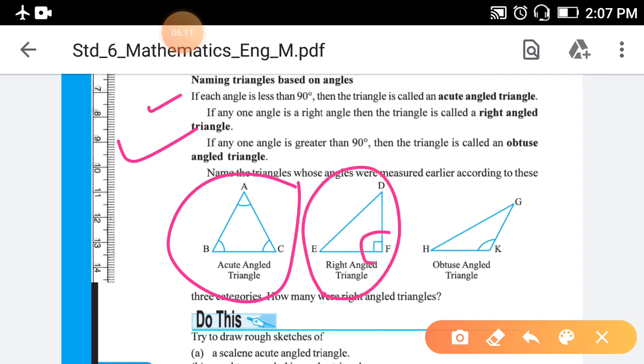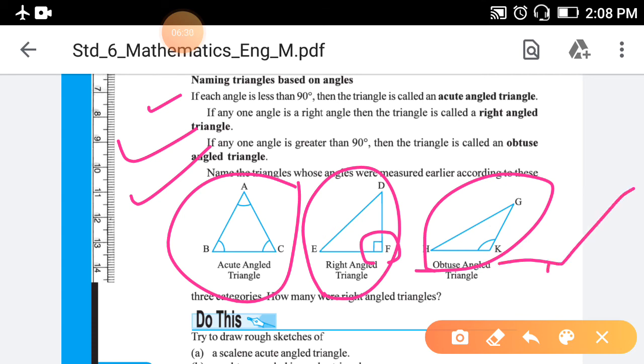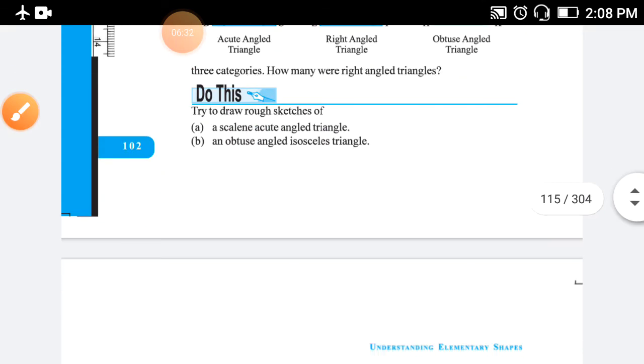Here angle F is 90 degrees, so it is a right angle triangle. Third one, if any one angle is greater than 90, then the triangle is called an obtuse angle triangle. Here angle K is more than 90 degrees, so it is an obtuse angled triangle.